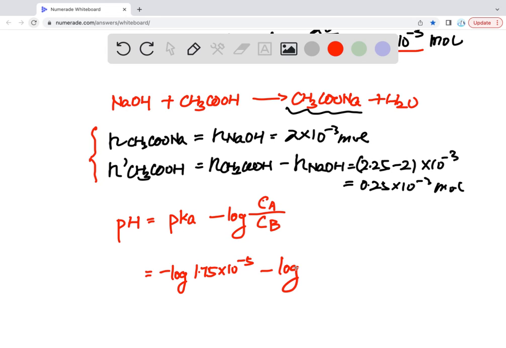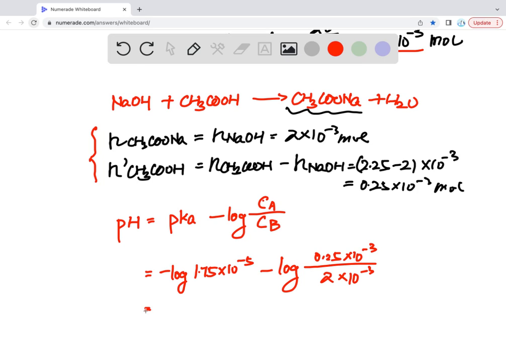So the concentration ratio should be equal to the mole ratio because it's a mixture solution. The conjugate acid is acetic acid, so it's 0.25 times 10 to the minus 3 over, in this case the base, about 2 times 10 to the minus 3.